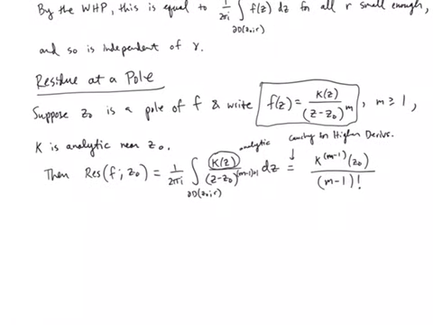And so if we write this all out, we write k of z in terms of a local power series. So our k is c0 plus c1 times (z minus z0) plus dot dot dot.